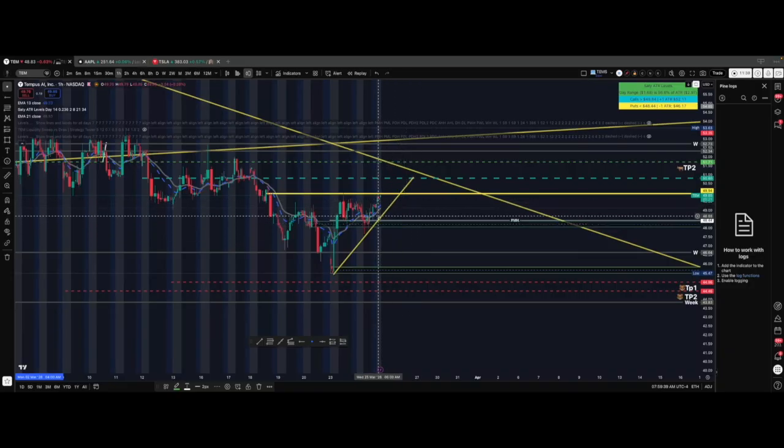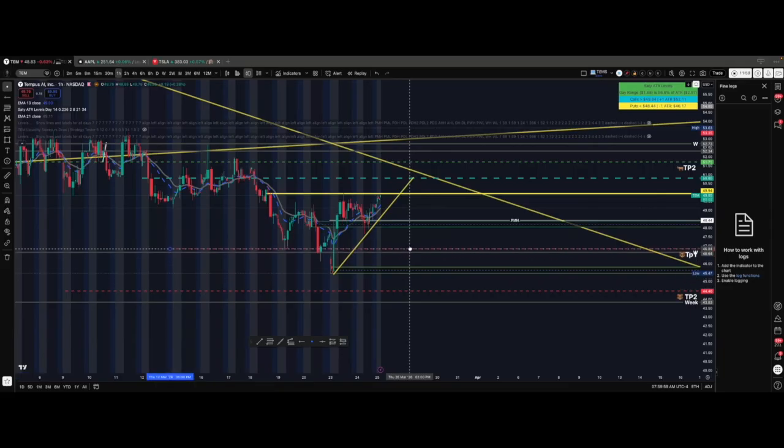If it drops through this zone, which is possible because this zone has numerous touches, there's like 1, 2, 3, 4, I'm thinking it's dropping, and my first take profit on this side would be 47.20.